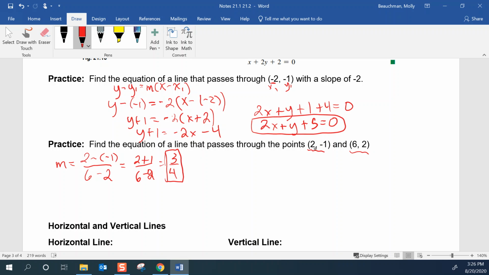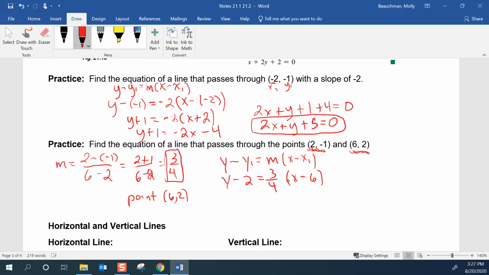Now that I have a slope, pick one point or the other. It doesn't matter, you'll get the same answer. So I'm going to select the point 6, 2, and then substitute it in the point-slope form. Y minus y1 equals m times x minus x1. So I end up with y minus 2 is equal to the slope, 3/4, times x minus x1, which is 6.